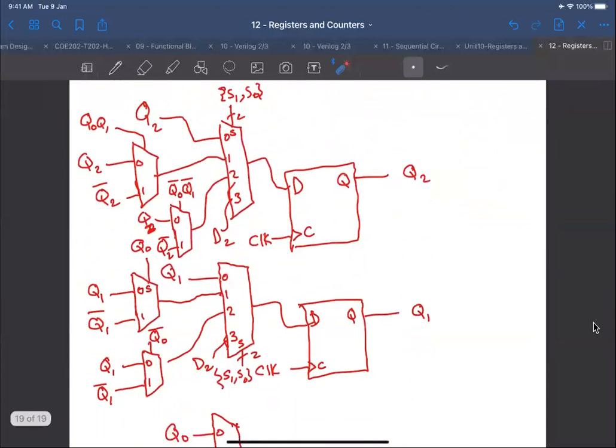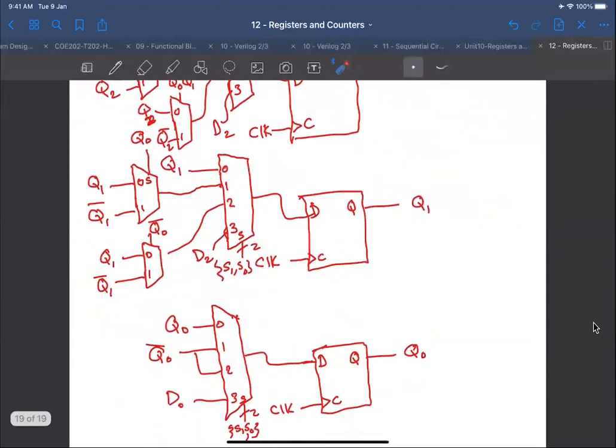Now for the next bit. For count up, we have to find the condition at which we flip, and that condition is different for counting up and counting down. So we use 2 multiplexers. For this, we use a 2-to-1 multiplexer in which Q0 will tell us whether we flip or not.